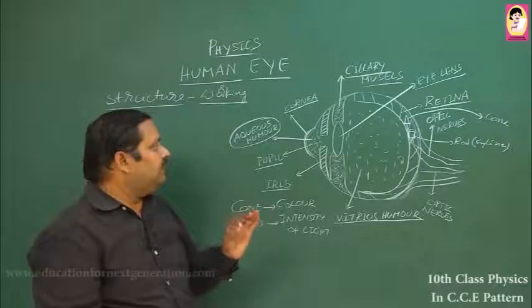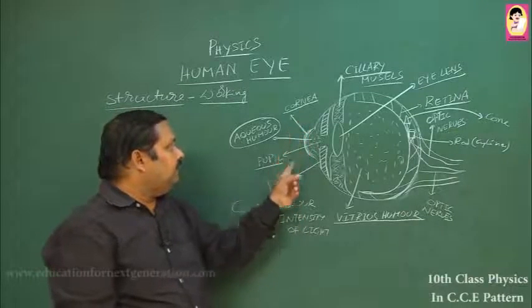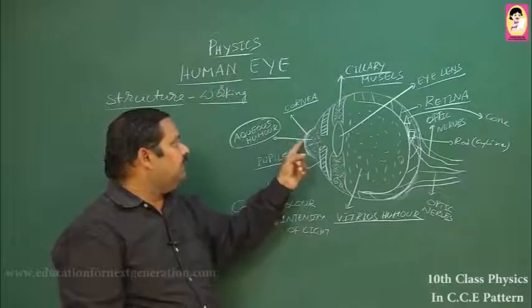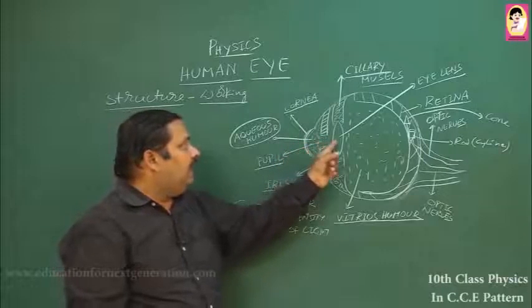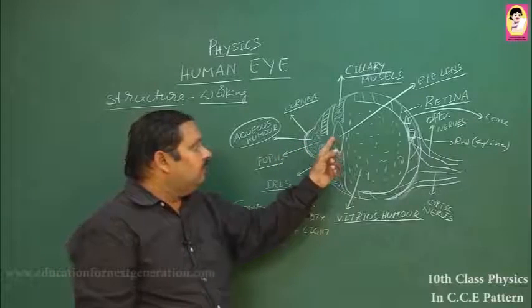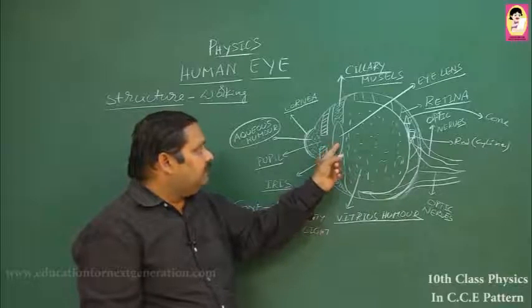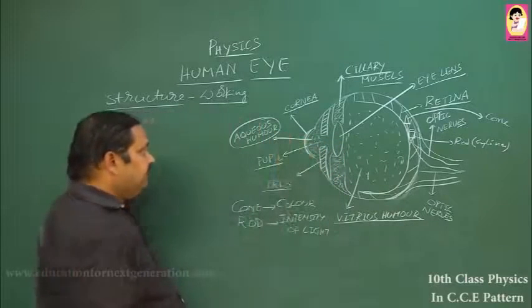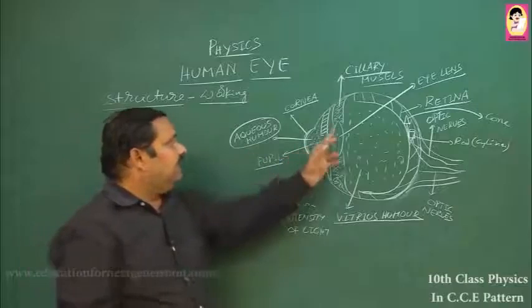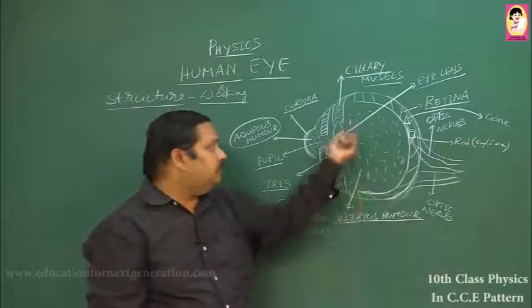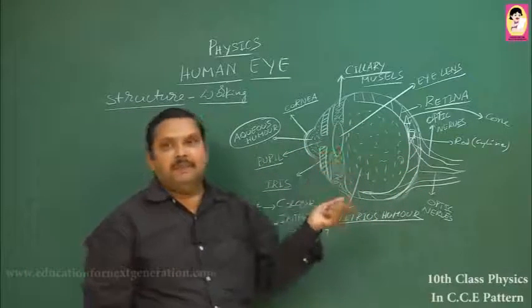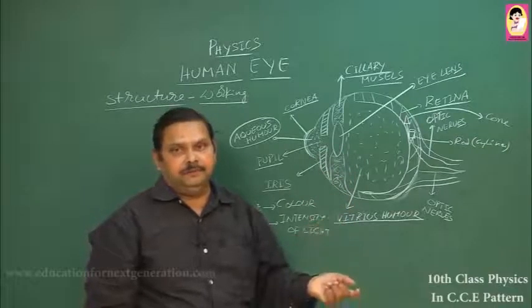The main thing you have to keep in mind is, maximum convergence of the light takes place at the cornea, and the eye lens focuses the objects that are kept at different distances in front of the eye exactly on the retina. This property of the eye lens is called power of accommodation.